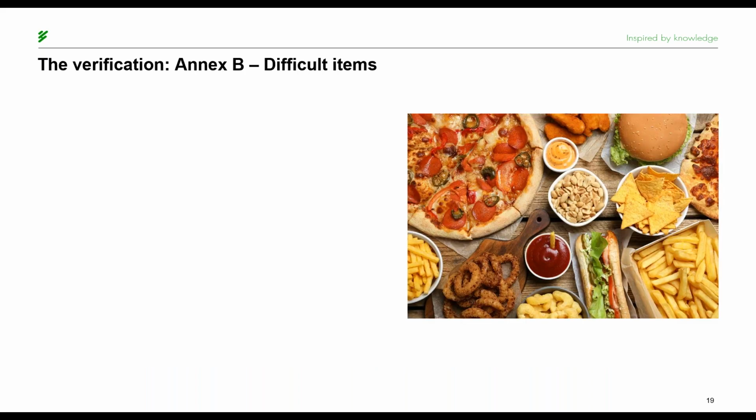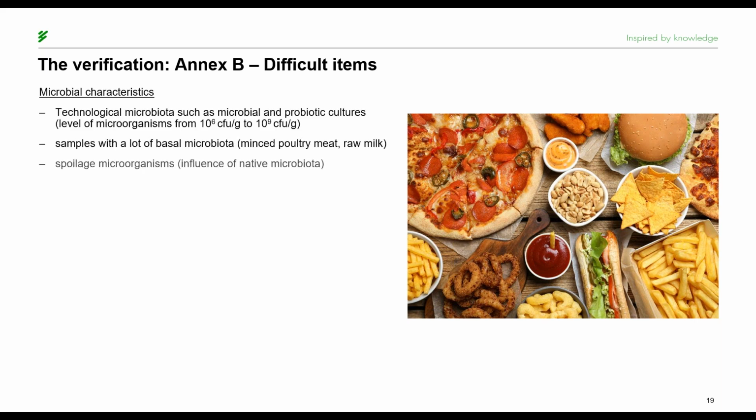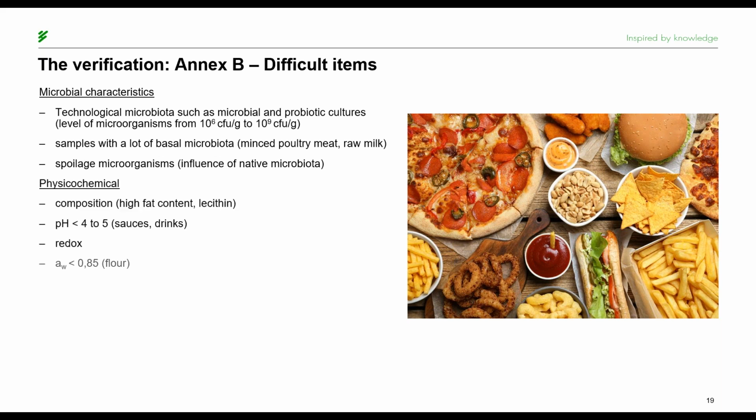So here we have the information. And now, what would be considered a difficult article? This can be found in Annex B of Part 3, and the microbial or physical chemical characteristics of this article must be taken into account, such as if any microbiota is added for a probiotic, if the sample has a high microbial load, or if its microflora may interfere with the recovery of the target microorganism.